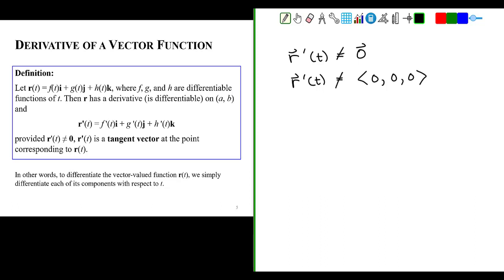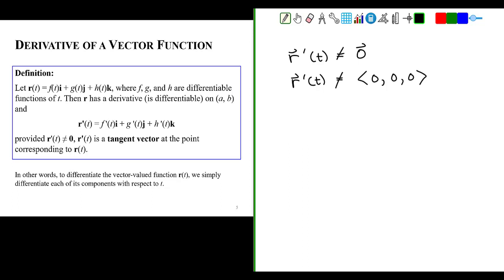We cannot allow that. Why do you think that we can't allow that? Well, the reason why we can't allow the derivative to be equal to the zero vector is because there would be absolutely no change if that were true.